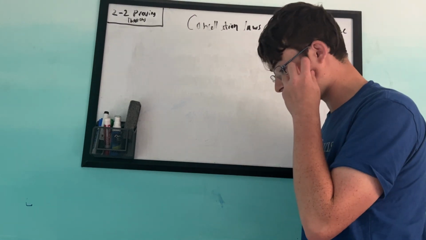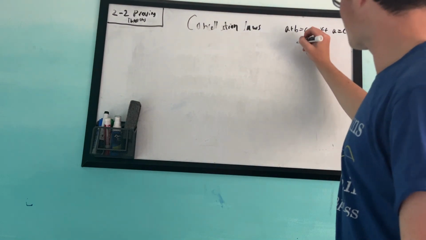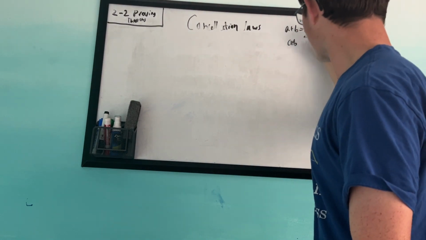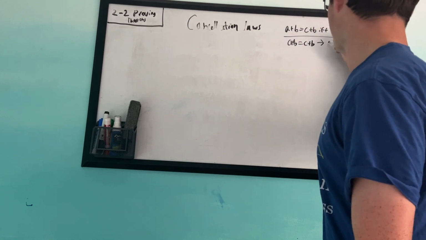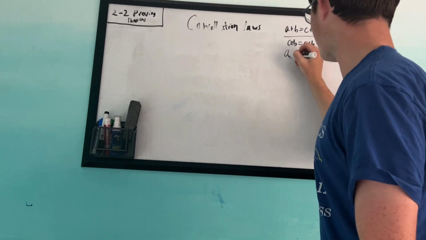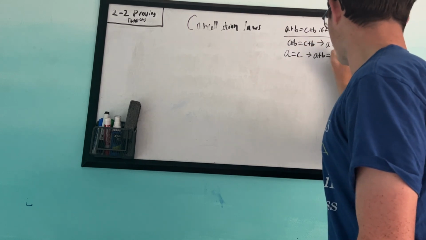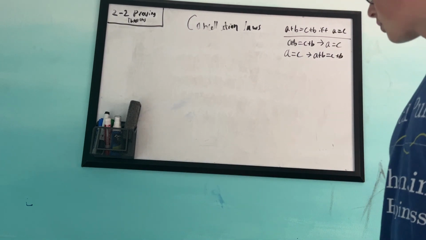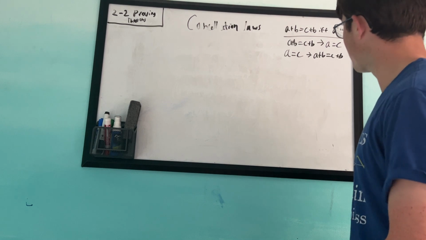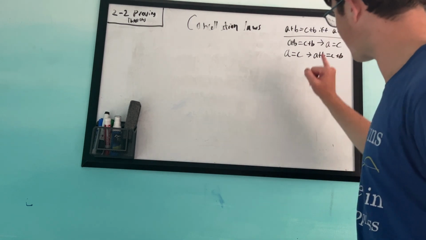And so proving this, you have to prove two different statements, because you have to prove the first one right here, and you also have to prove the second one, because if and only if is two statements. So we will start off proving this one.